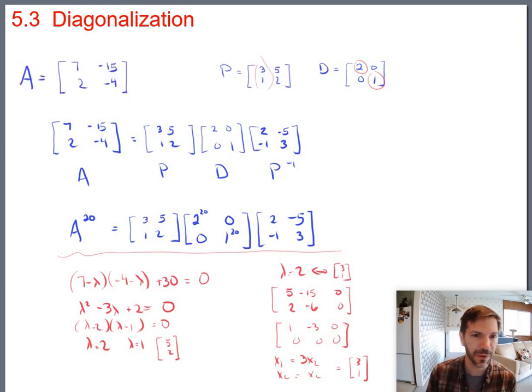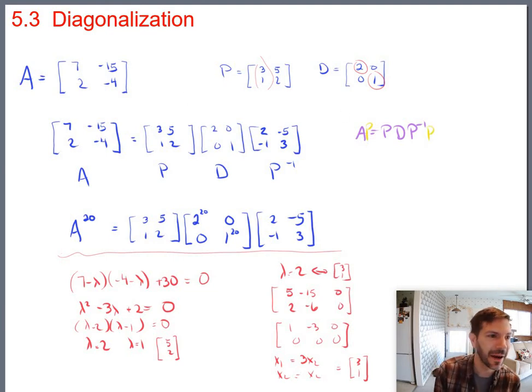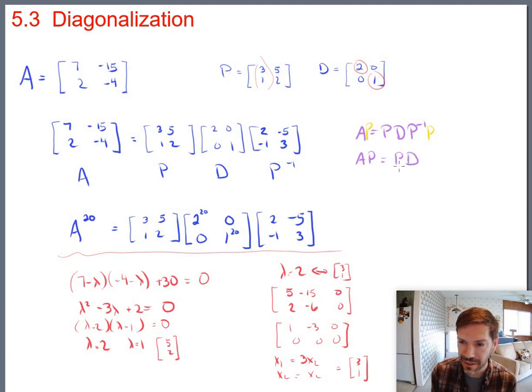But I think I'll just point out that the form we have here, A equals P D P inverse, if I just rearrange that a little bit and multiply both sides on the right by P, that simplifies to A times P equals P times D.